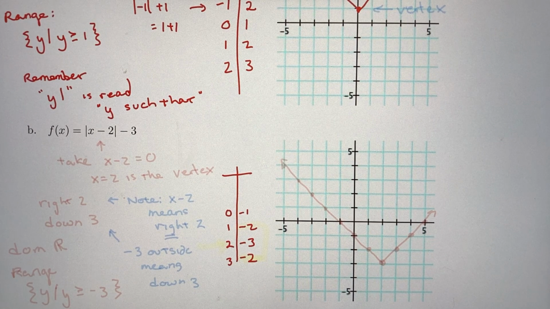This one is centered around x equals 2. And in fact, we will find out that what you do is you take the part inside the absolute value and set it equal to 0.